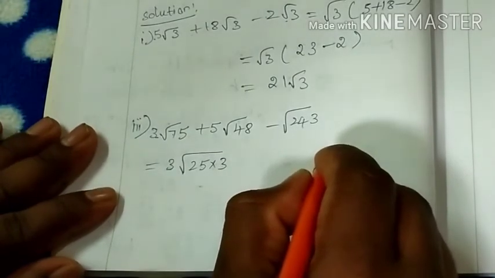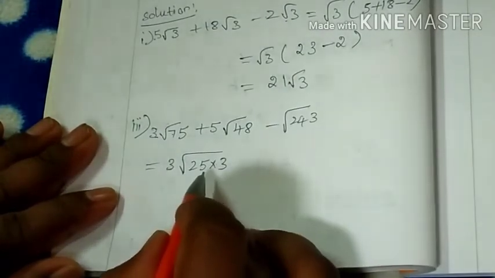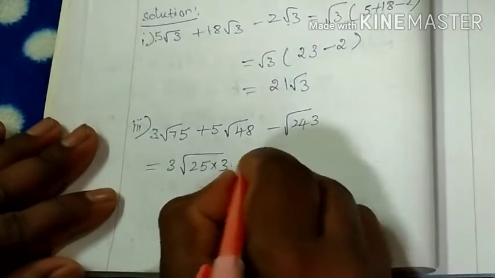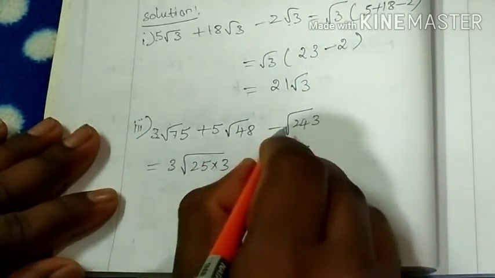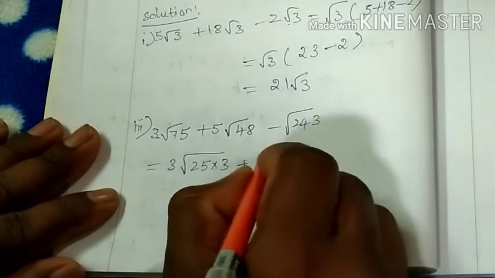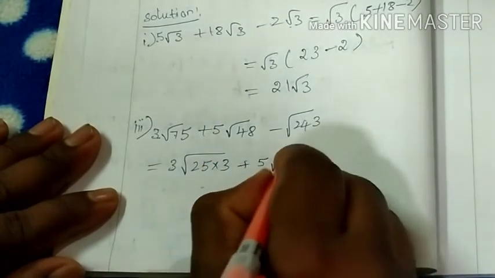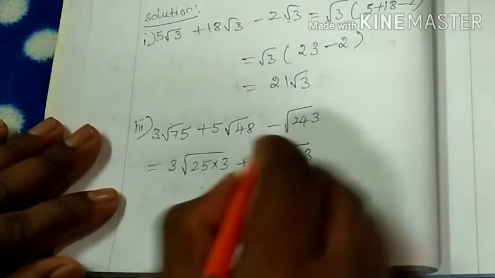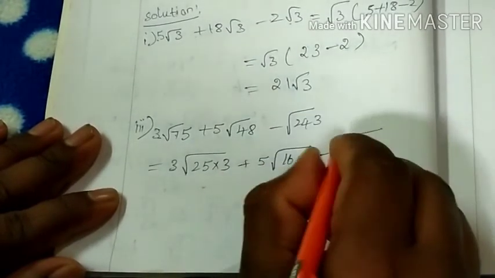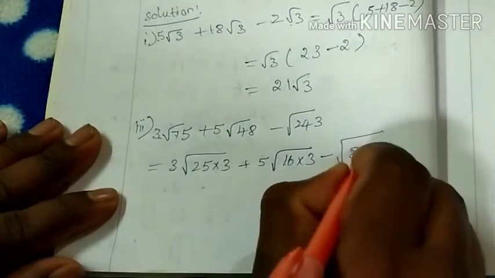If you get the common factor, that also we take outside the root. Plus 5 into the root of 48, the square root values are already known, 1 to 30 numbers. So this is 16, 3s are 48. 16 is a square number, 25 is a square number. We want to split out the square number. Then this is 81 into 3.